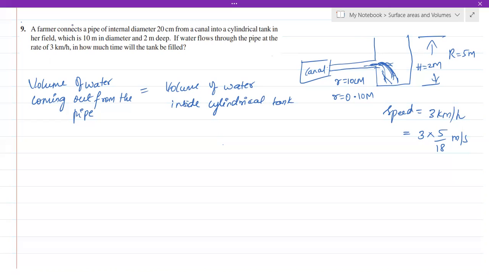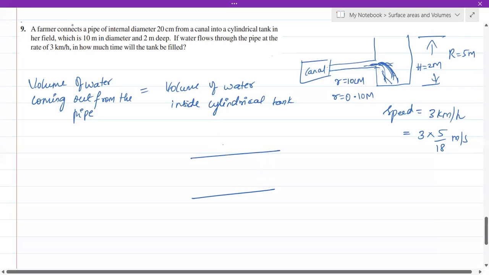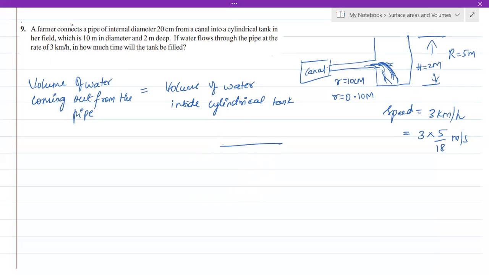Now, the volume of water coming out from the pipe depends on three factors. One is area of the cross section. Remember, if this pipe is very, very big, that is, the area of cross section is big, I'm not talking about the length, the area of cross section. If you have a pipe and you cut it exactly perpendicular, the section that you get is called the area of cross section.